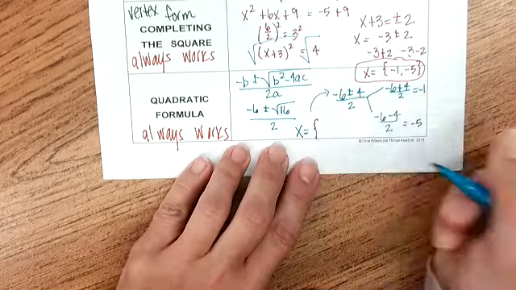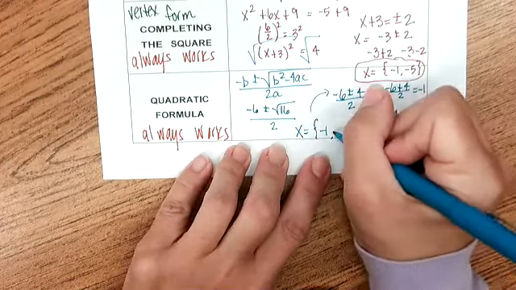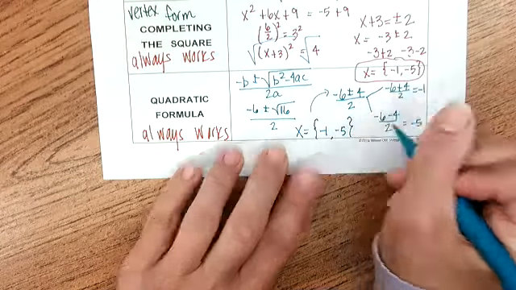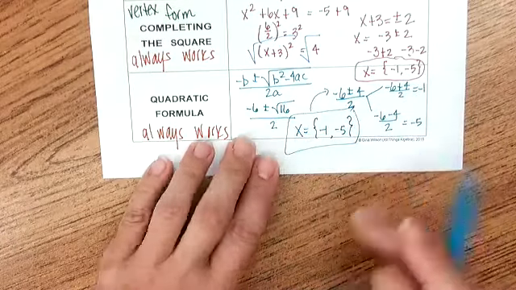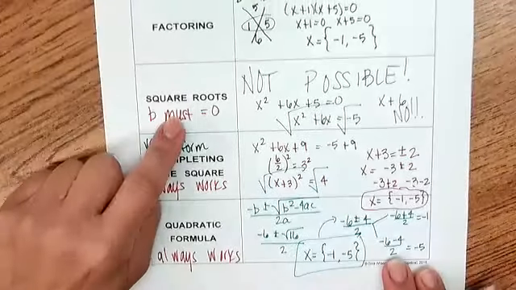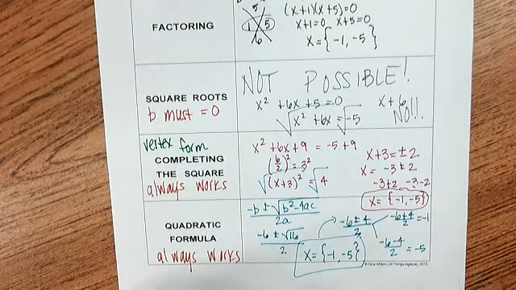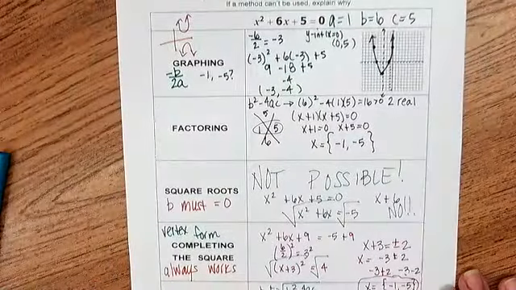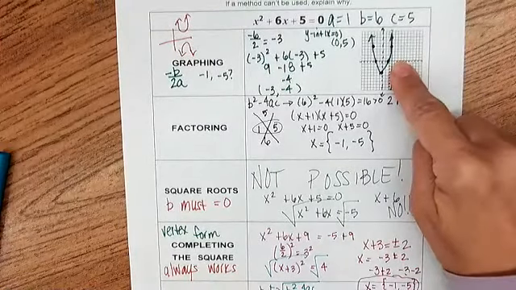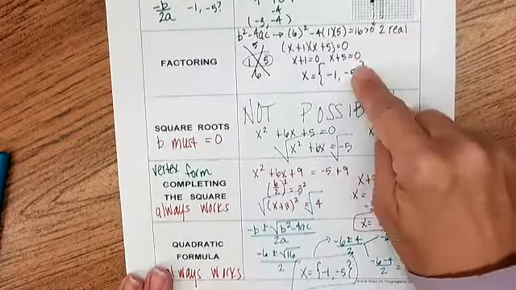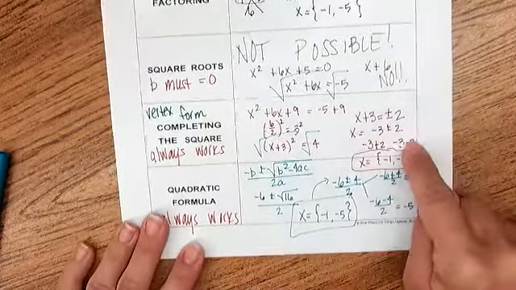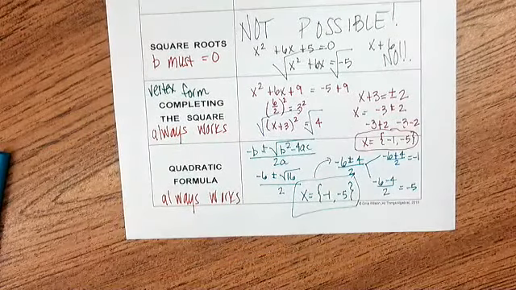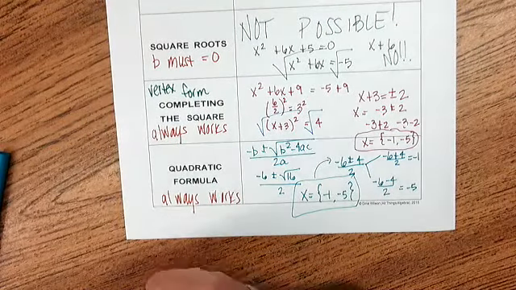And lo and behold, regardless of which method you use, as long as it's a legal mathematical method, square roots for this problem was not a legal mathematical method. So you get negative 1, negative 5 every time. So it's important to know several methods.